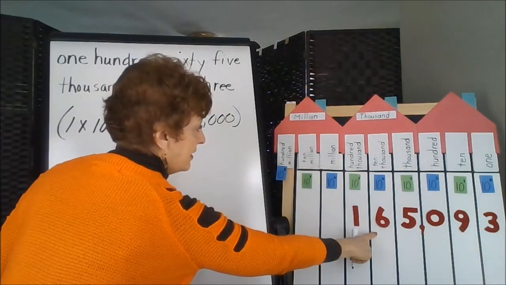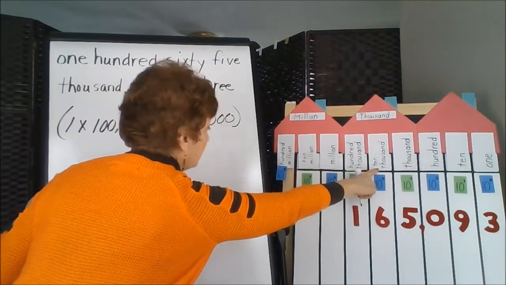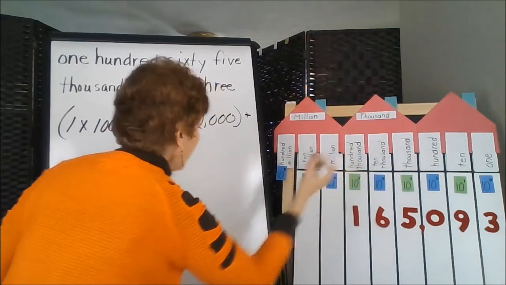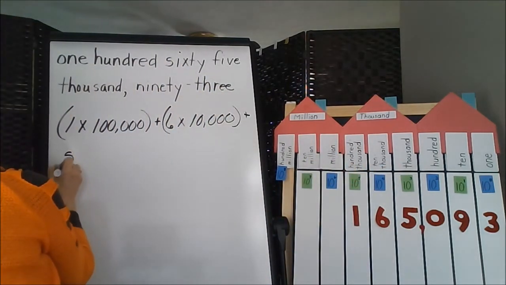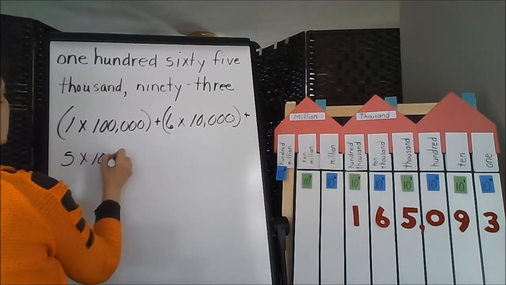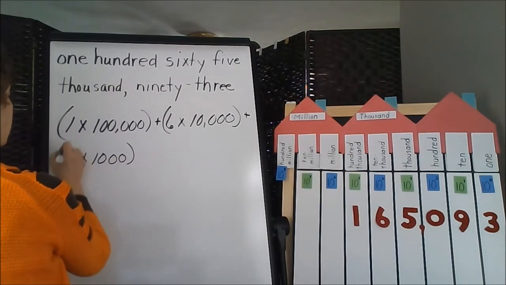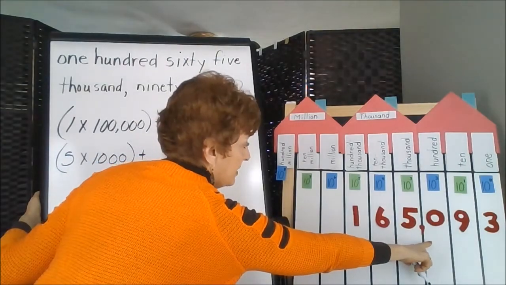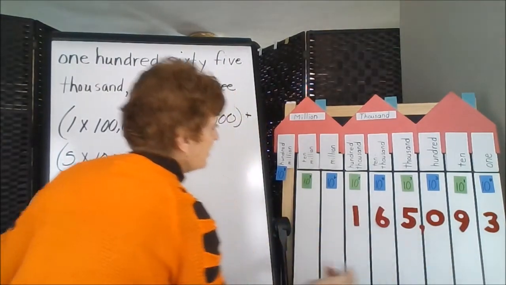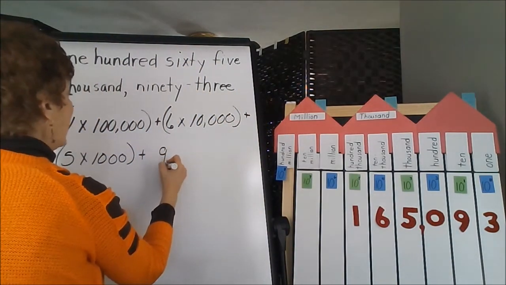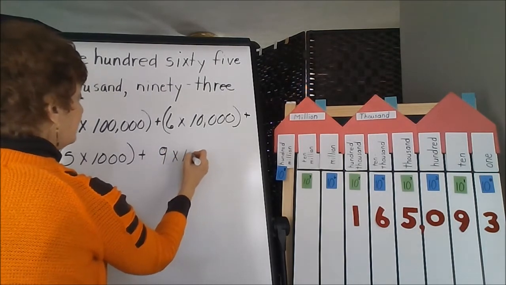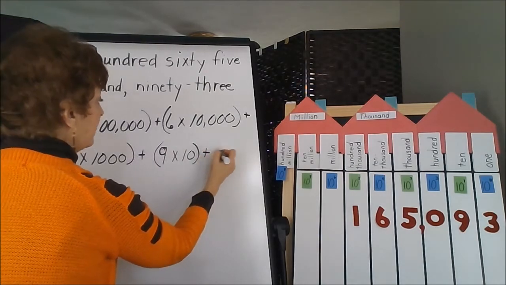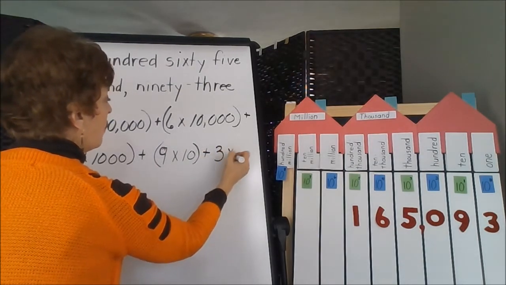Remember, 6 is in the 10,000s column, plus 5 is in the thousands column, so we would do 5 times 1,000 plus, we will skip the hundreds place, there's nothing there. There's 9 in the tens column, plus 3 in the ones column.